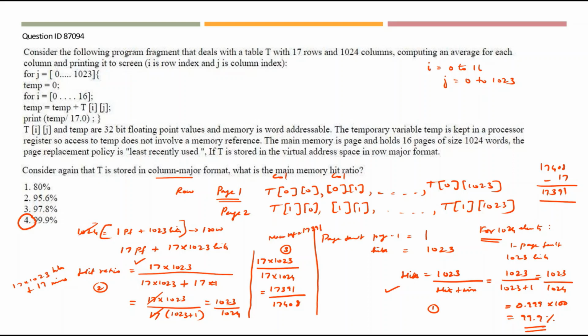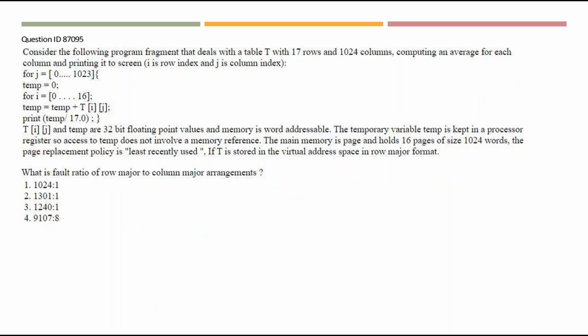The next question: what is the fault ratio of row major to column major arrangements? The page faults we had during row major, in the 91st question, were 17408. How did we end up with this 17408? It was 17 into 1024. How many page faults were there in column major? That is the answer of the 93rd question. It was 17. Now they are asking the fault ratio of row major to column major.